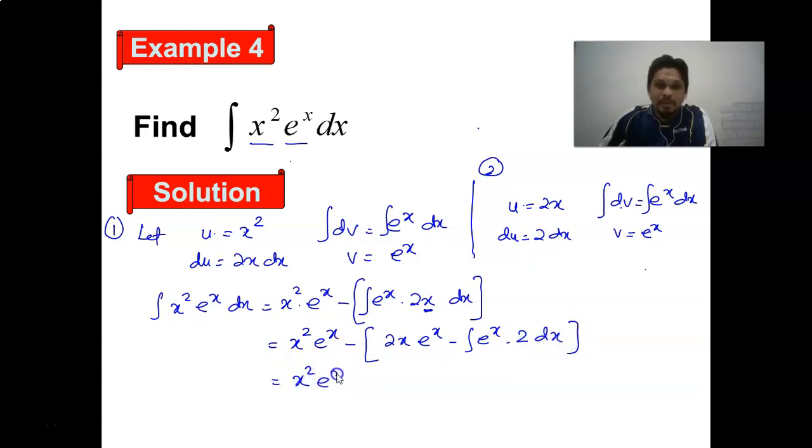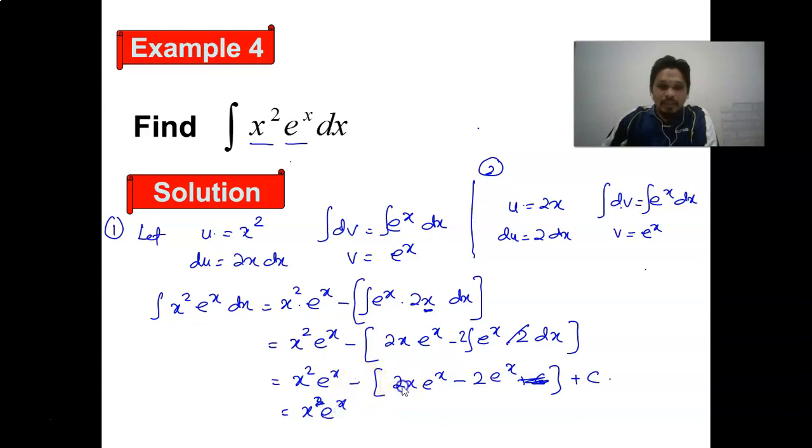So x squared e^x minus 2x e^x. Okay, negative 2 outside here. So minus 2, then the integral of e^x equal to e^x plus c. Oh, I just put plus c outside here. Then x squared e^x, negative times this, minus 2x e^x, negative times negative, positive 2e^x plus c.